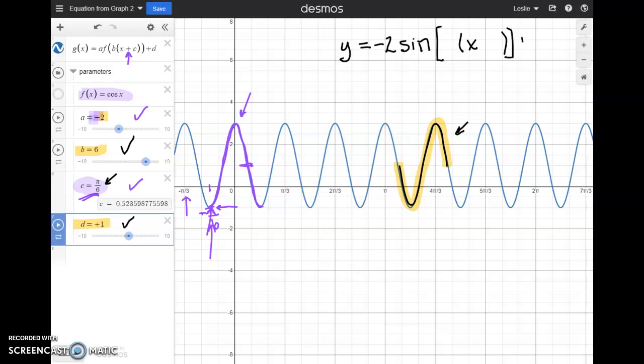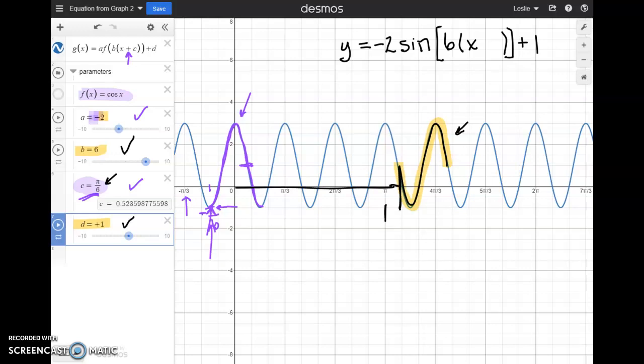I also said that the D value doesn't change. It's been shifted up from the midline, from y equals 0. It also doesn't matter whether it's a sine or a cosine. There's still 6 cycles between 0 and 2 pi. And this time, the only other thing that's changing here is how far over I have to go before I start.